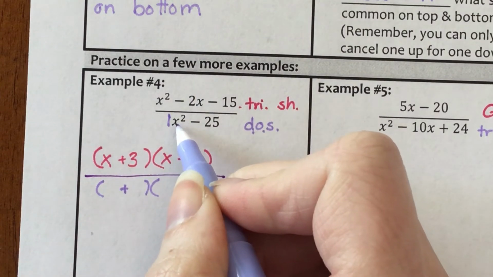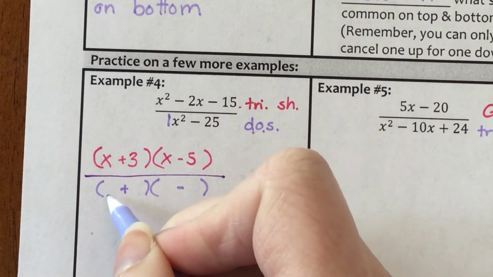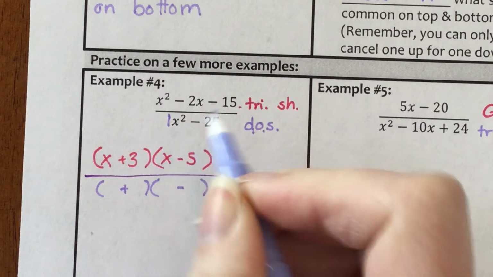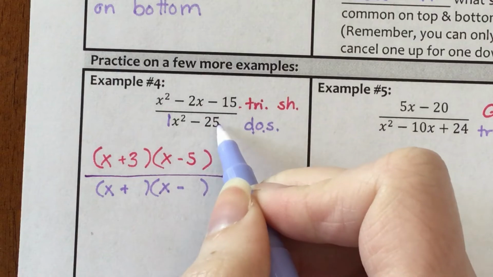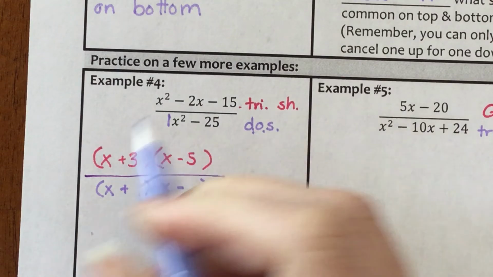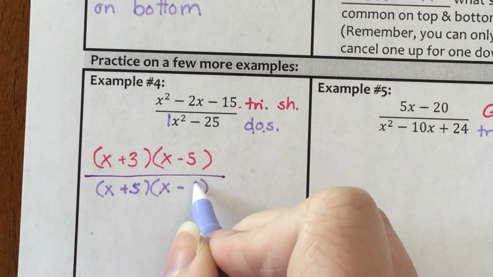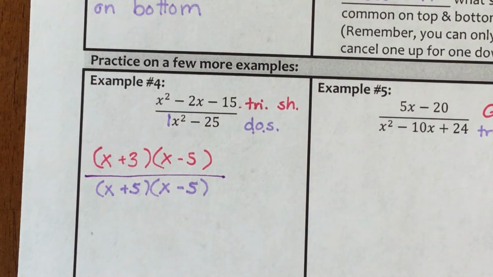Then we take square roots of the first term and put it in the first spot of both parentheses. The square root of x squared is just x. The square root of the second term, 25, is 5. Put it in both of the second spots. So we're done factoring at this point.